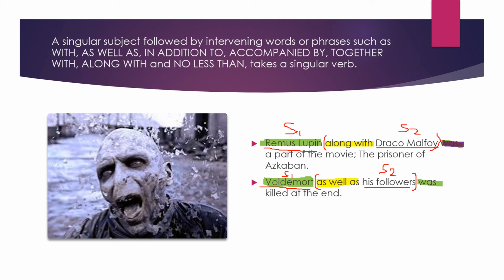Likewise, if I have a sentence that says the president followed by the members of parliament was invited to the US. Or maybe I'll have to change my sentence, because I'm using followed by.